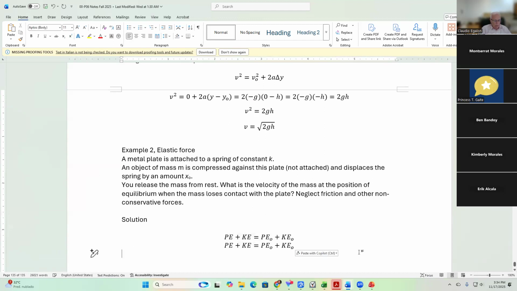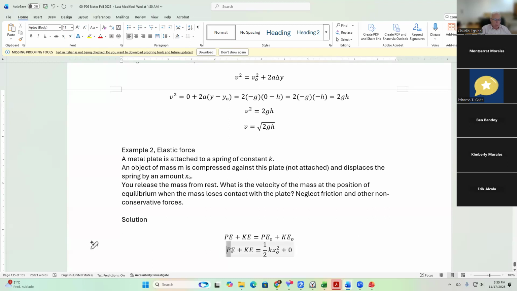Initial kinetic energy is 0 because the mass is released from rest. But the initial potential energy is half k x naught square.